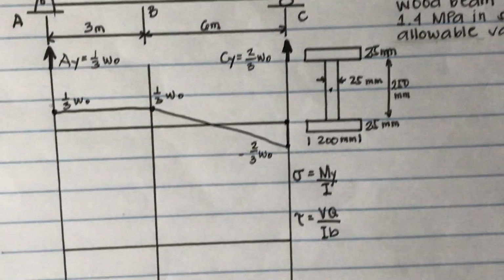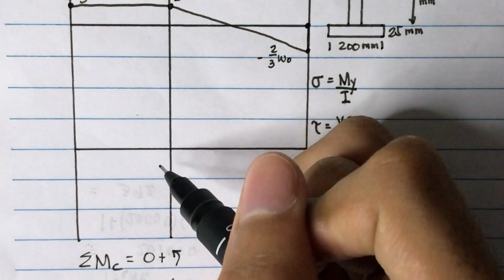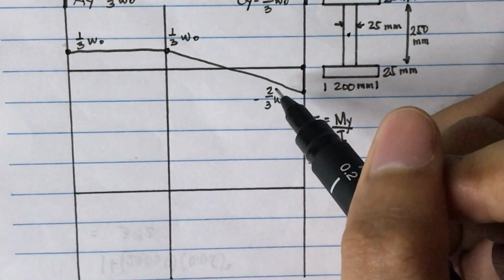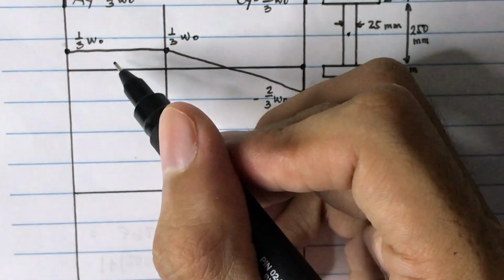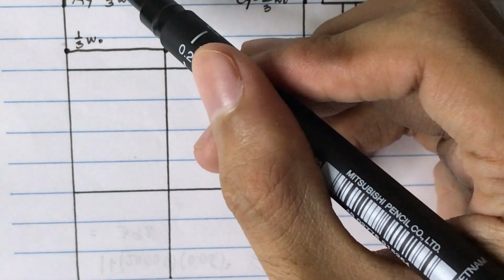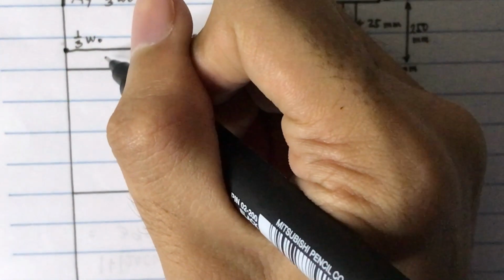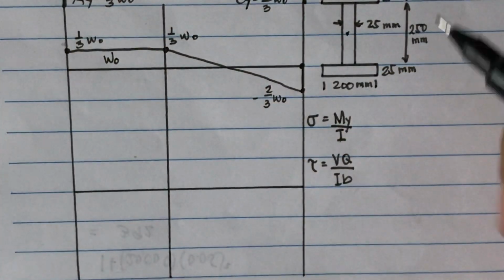So next is the moment. We cannot get the moment if we do not solve the area of these shapes. So the area of this is 3 times 1/3 is equals to 1 WO, or simply WO.